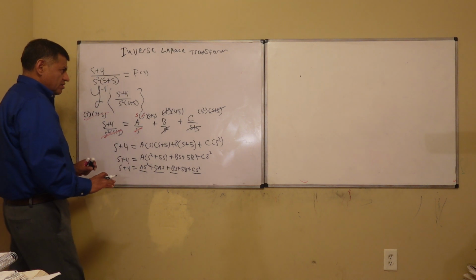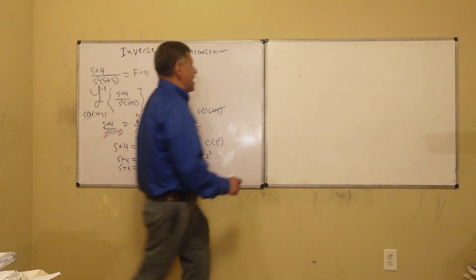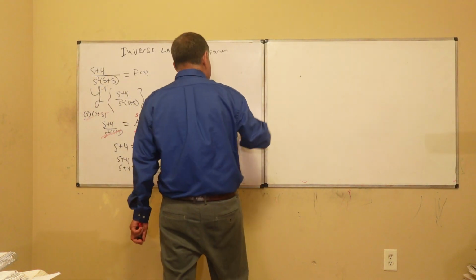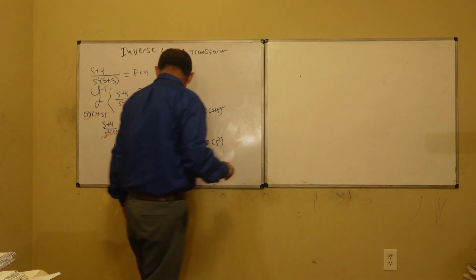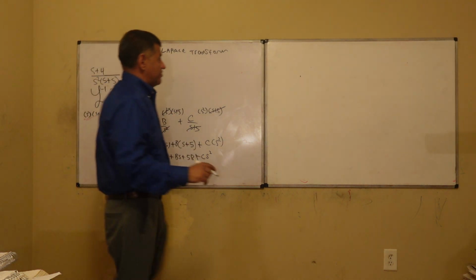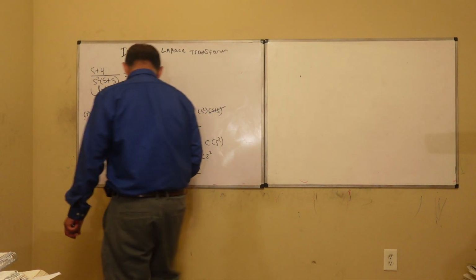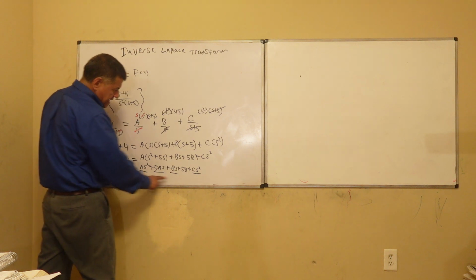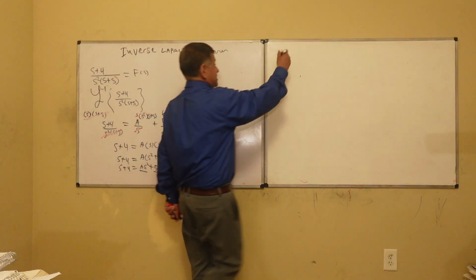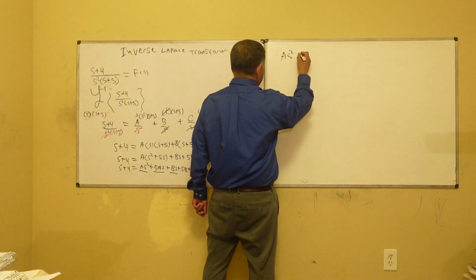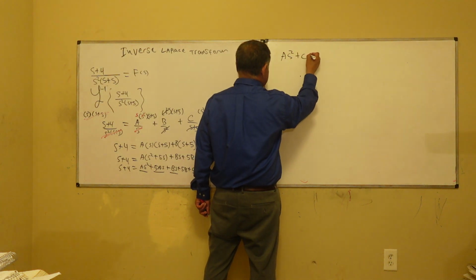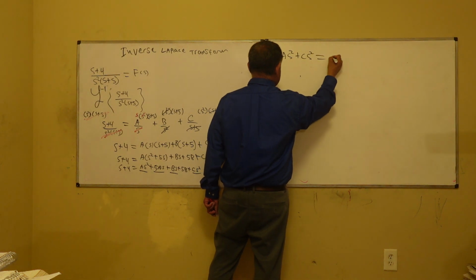So now what I do is the following. You can actually do it like this. You say that for the s squared, I don't have anything, right? So I have an a and c with s squared. So I say a s squared plus c s squared equals 0, right?